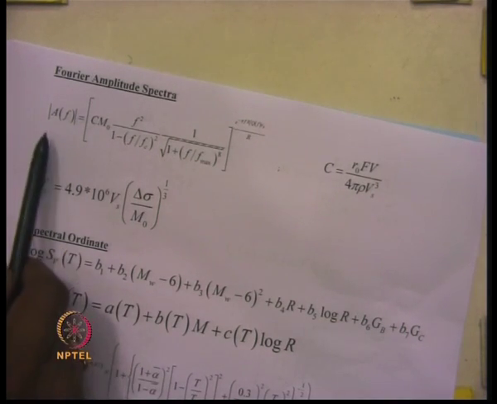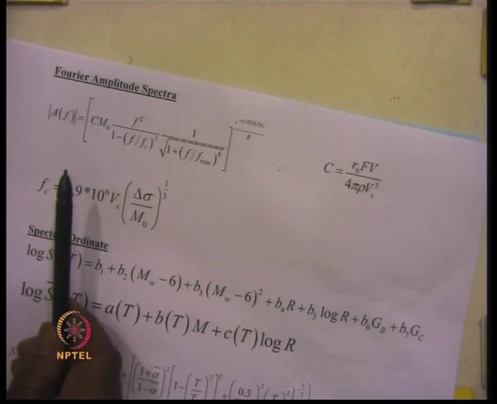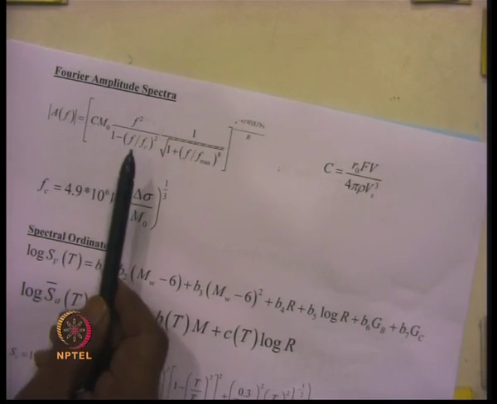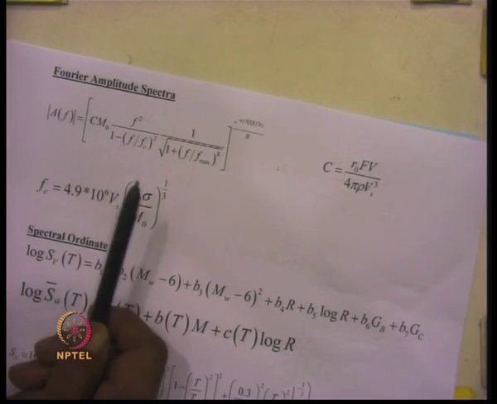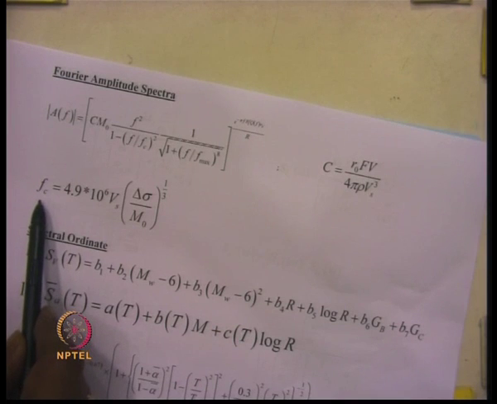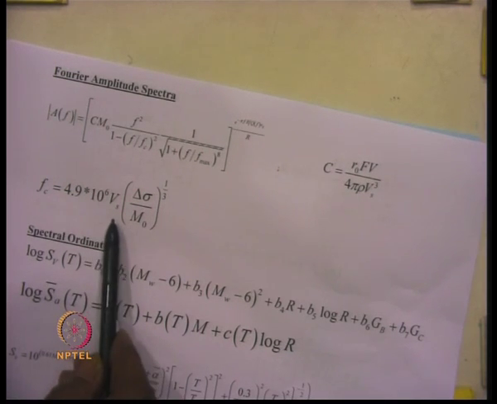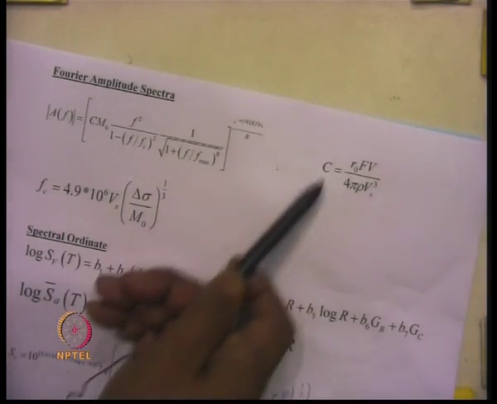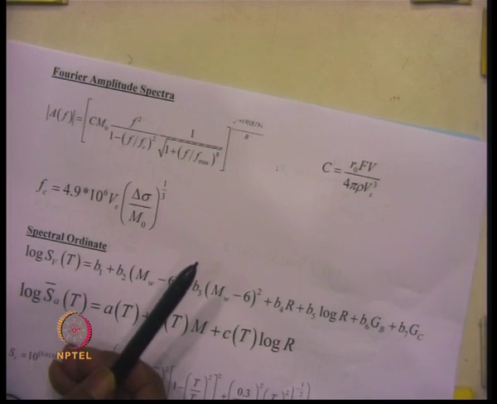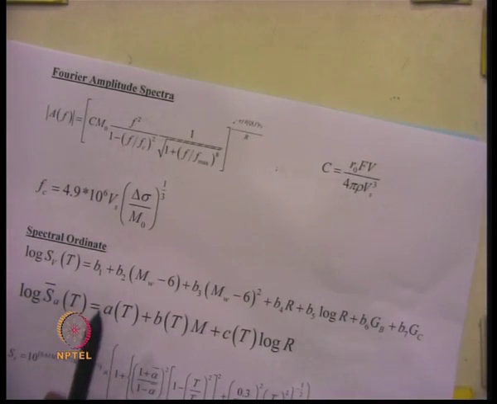So, the Fourier amplitude spectrum is expressed in terms of the frequency. Obviously, it can be converted to time period because frequency bears an inverse relationship with time period. This Fc is related to the moment magnitude M0 and the shear wave velocity, and the constant c here is dependent on the shear wave velocity with the help of this relationship.